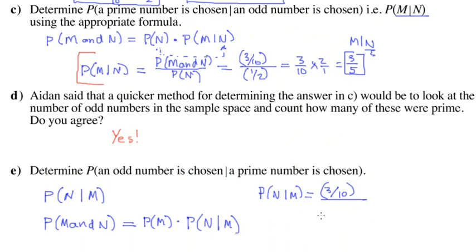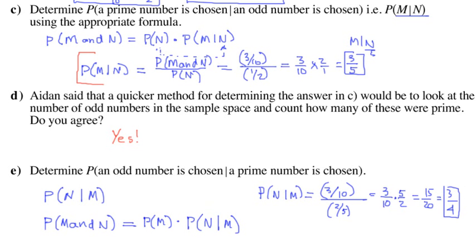So 3/10 divided by 2/5 is like 3/10 times 5/2, which is like 15/20, which is like 3/4. So if you've picked an odd number, there's a 3 in 4 chance that it's also a prime number.